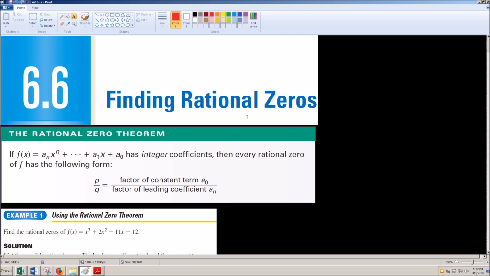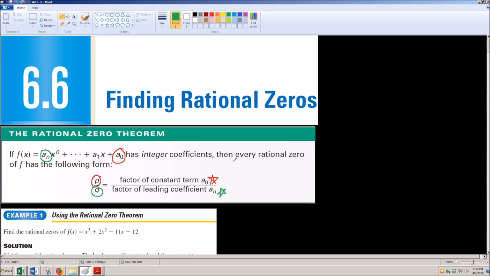The p is just a factor of the constant term, which is this thing here. And the q is the leading coefficient in front of my highest degree x, and that is this thing here.